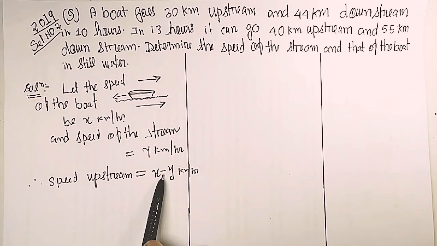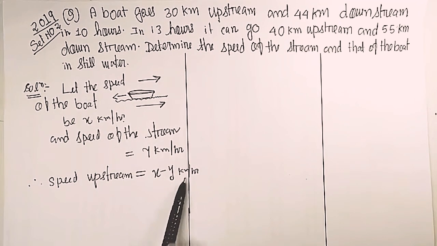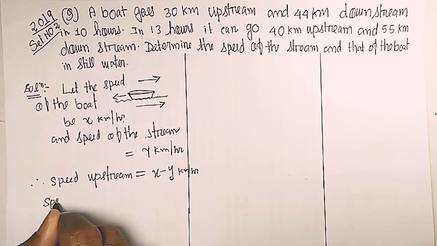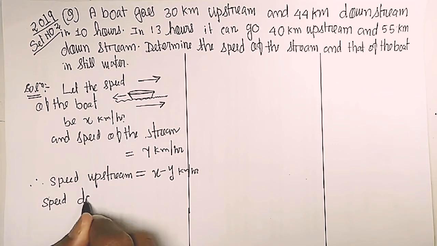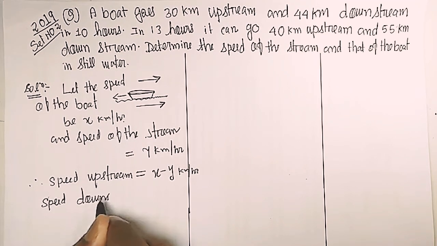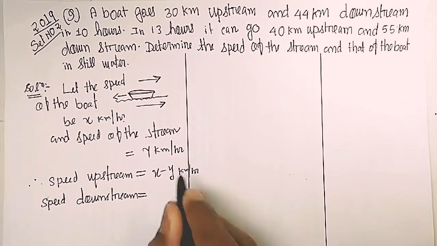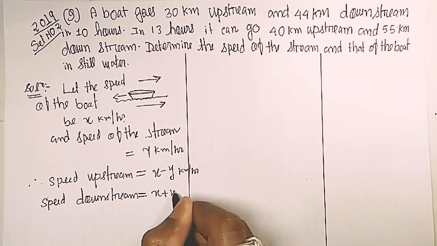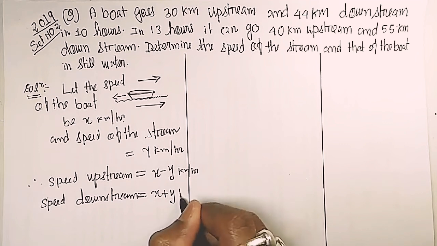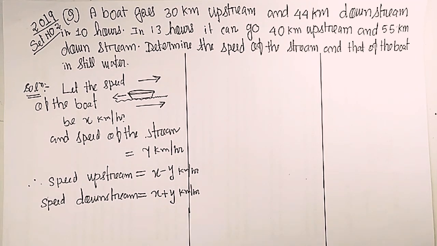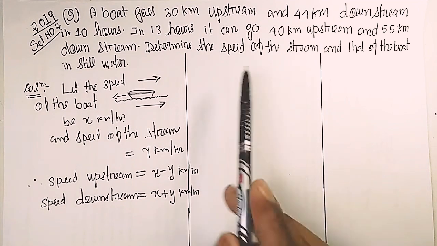So relative speed will be, we should give the minus sign, x minus y kilometer per hour. So speed downstream. They are moving in the same direction, so we should give the plus sign. Relative speed will be x plus y kilometer per hour. So these two are the main concepts. Now let's move to the question.